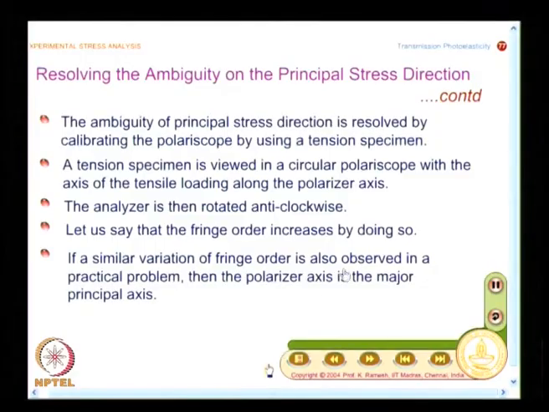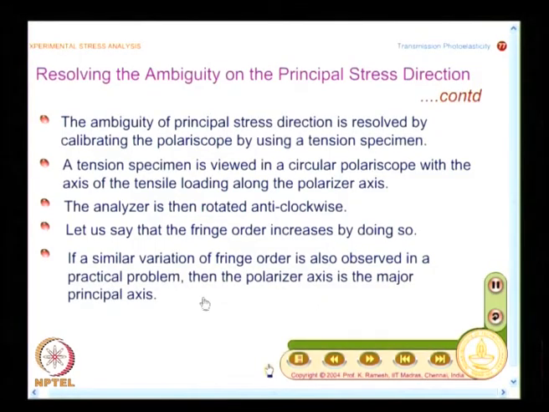So, this I keep as base information. I go to an actual experimental model, identify a point of interest and then rotate the analyzer. If the fringe order increases, then I say the polarizer axis coincides with the major principal stress direction. So, this is the kind of calibration.